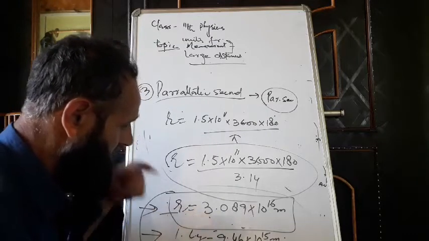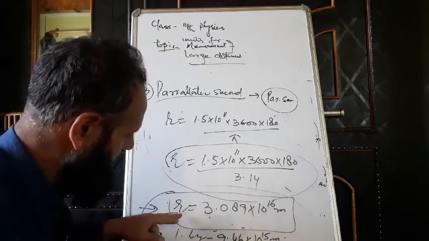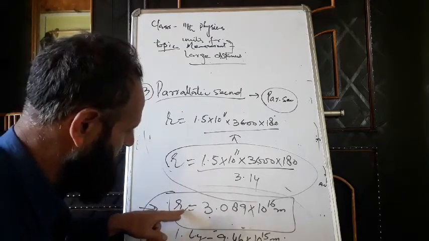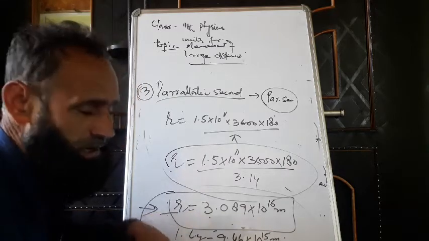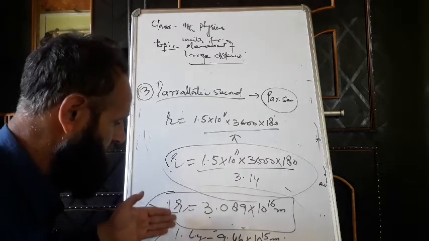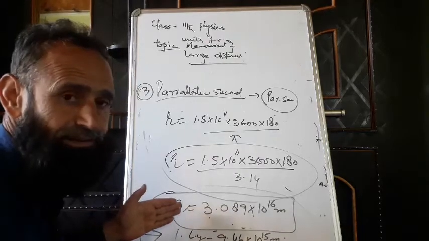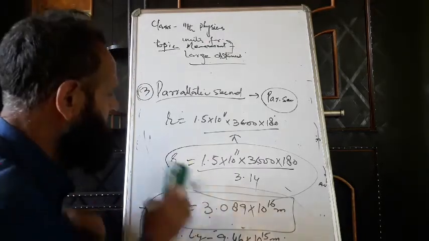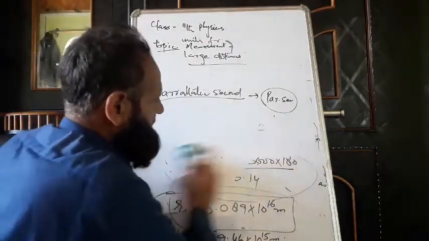Sometimes in exams we are asked how we can change light year into parsec or parsec into light year. How many light years is a parsec? Let us do that.